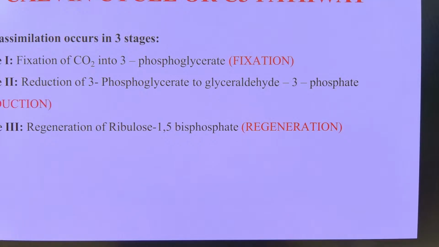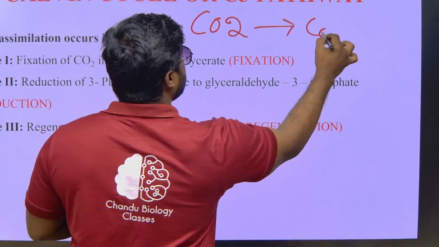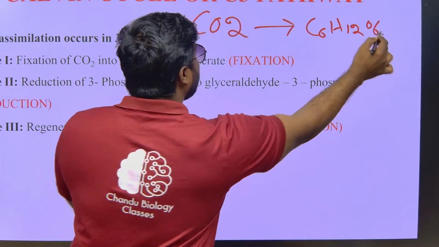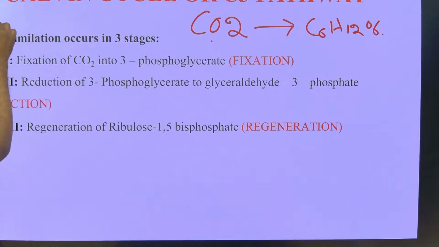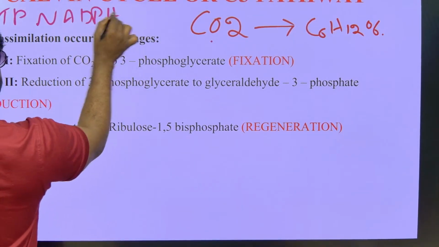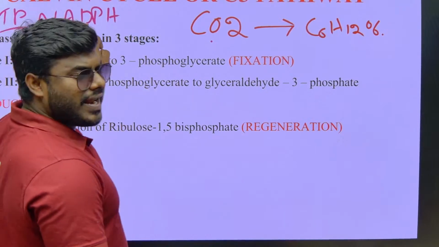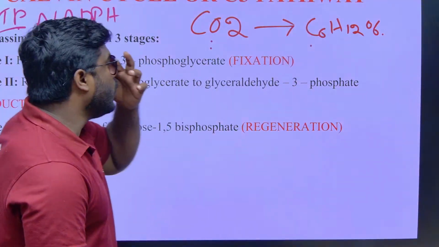Now whether it is the C3, C4 or CAM pathway, what is the ultimate goal? Fixing the carbon into glucose. That is the ultimate goal of which reaction? Dark reaction. The ultimate goal of light reaction? Production of ATP and NADPH. So by using ATP and NADPH, CO2 is reduced to glucose.